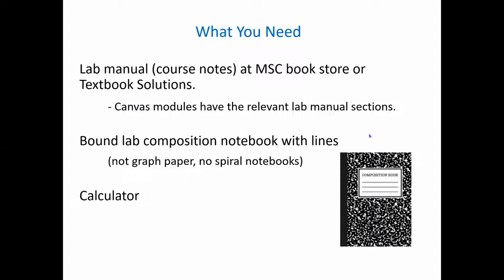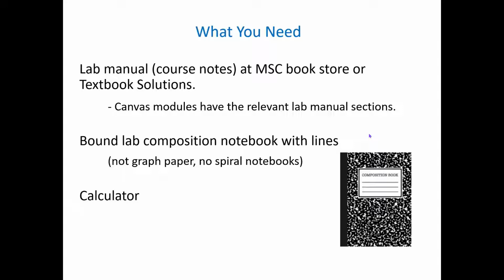What you need for this class is the lab manual, which is called Course Notes, at the bookstore, on Canvas, or at Textbook Solutions. The Canvas modules also have the relevant lab manual sections for each day. However, you need the physical copy of the lab manual to work in the lab. You'll also need a bound lab composition notebook with lines, not graph paper, no spiral notebooks.